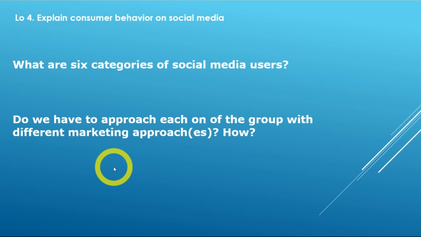No, you're not gonna like it at all. So before using any social media marketing tool to reach out to specific customers, you need to know what group they belong to, right? Whether they actually joined a specific group out of 6, right? If they're more like inactives, you don't have to try to contact them all the time, right?